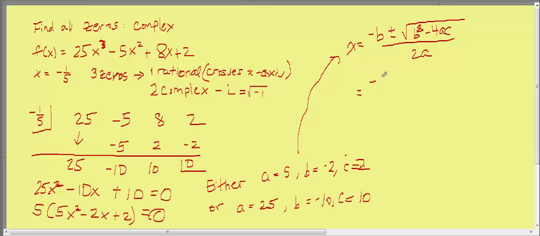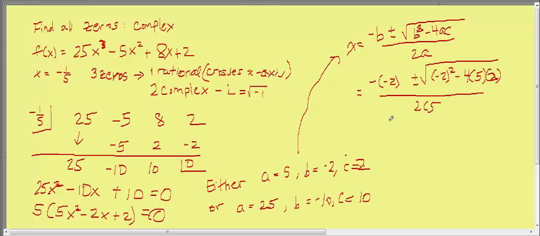So when I put this in, I'm going to get negative of -2 plus or minus the square root of -2 squared minus 4 times 5 times 2, all over 2 times 5. 2 plus or minus the square root of 4 minus 40. So I'm going to get -36 in here over 10. This gives me 2 plus or minus 6i, because the square root of -36 is 6i, over 10.